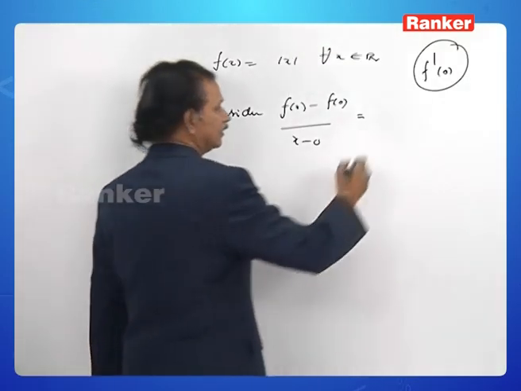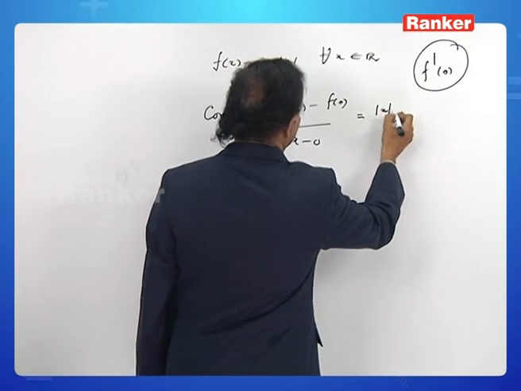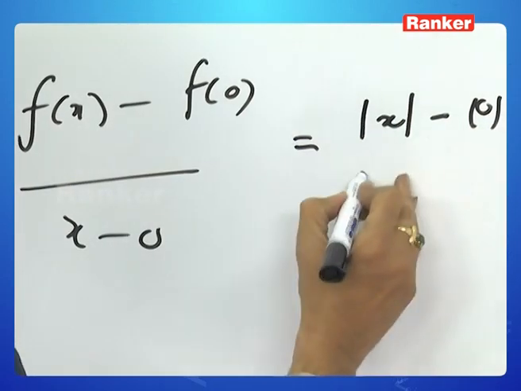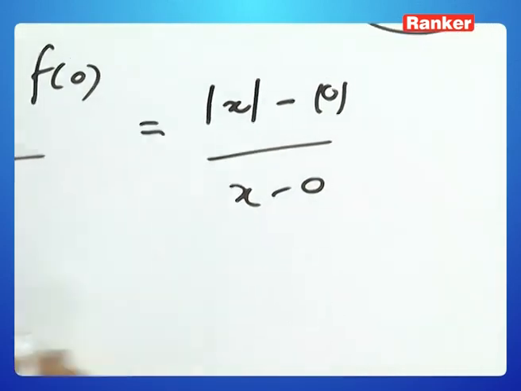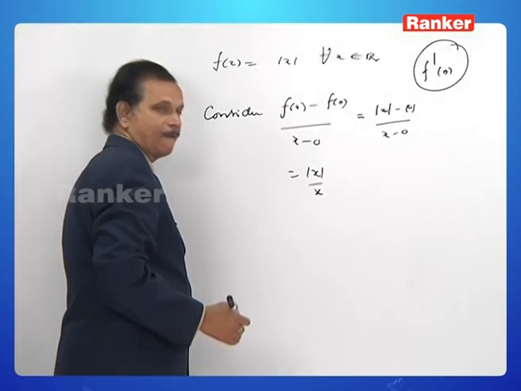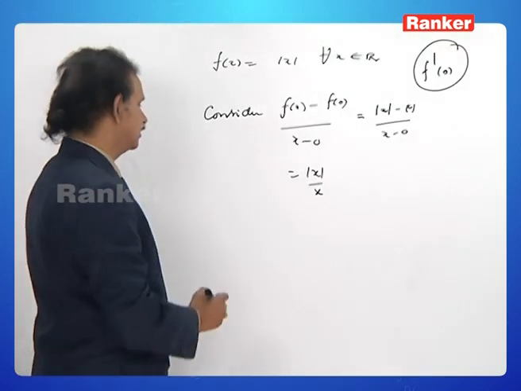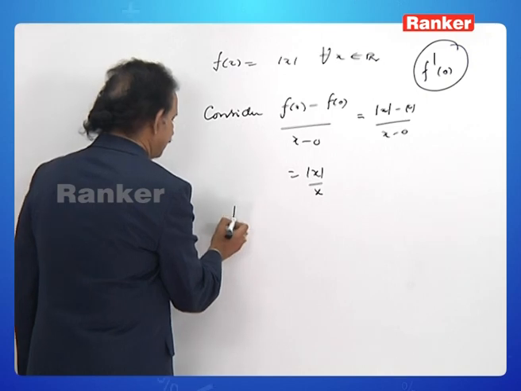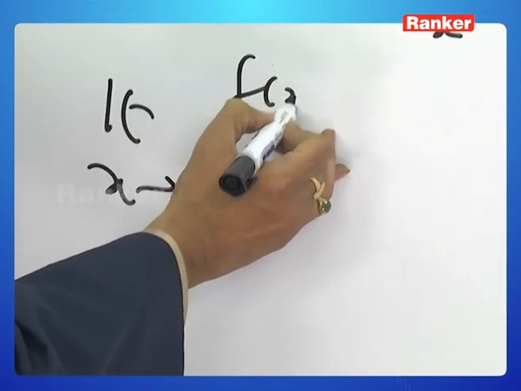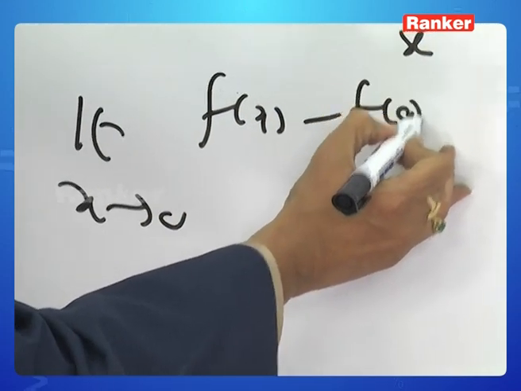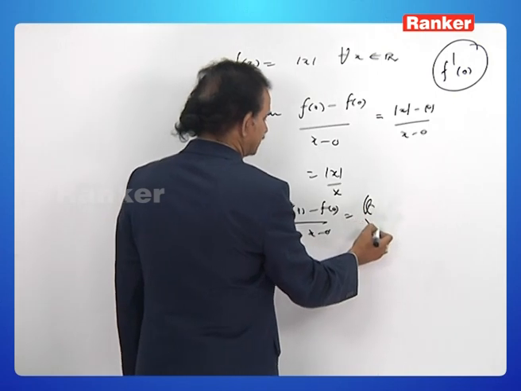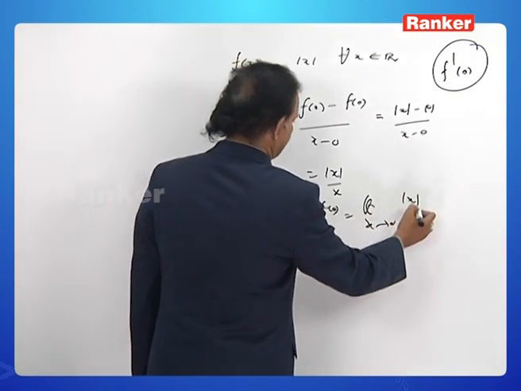What is f(x)? Mod x. What is f(0)? Mod 0. So (f(x) − f(0))/(x − 0) is nothing but mod x by x. Therefore, you take limits on both sides. The limit as x tends to 0 of (f(x) − f(0))/(x − 0) is equal to the limit as x tends to 0 of mod x by x.